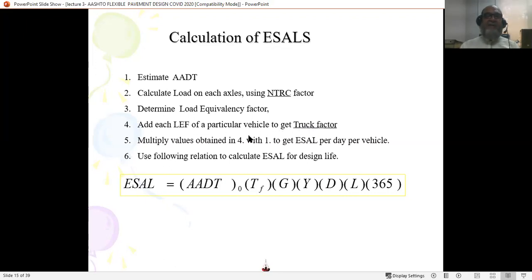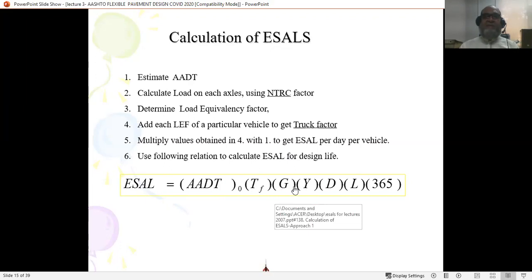Once you do it, you multiply this truck factor with ADT, and we get ESALs per day per vehicle. Then to calculate ESALs for a 10 year period or any design life, what we do is take the ADT of the base year, the truck factor, then there is G into Y, known as the projection factor.